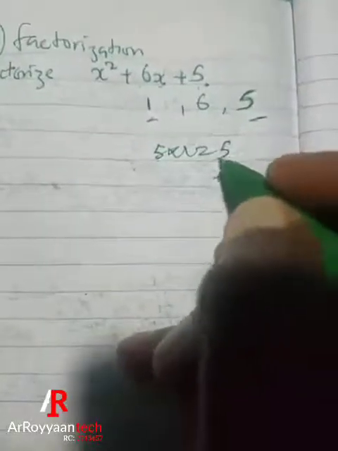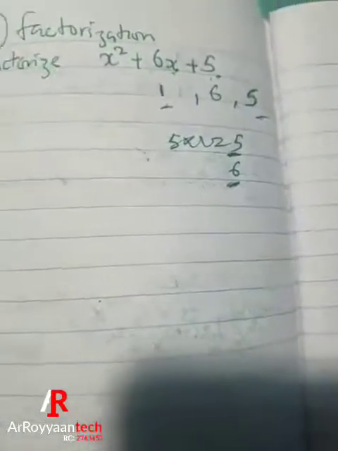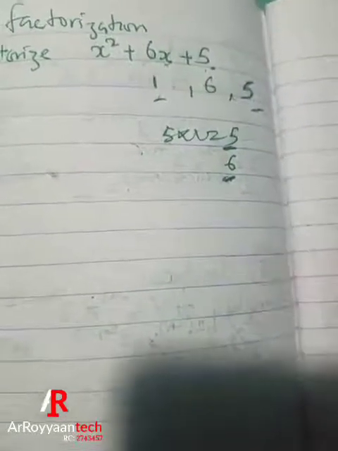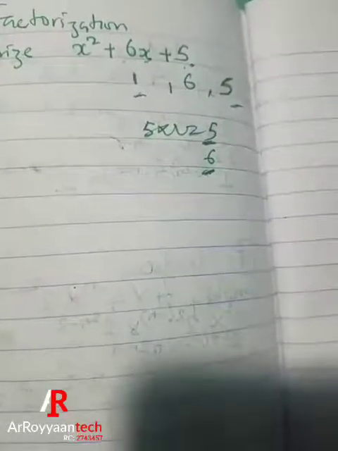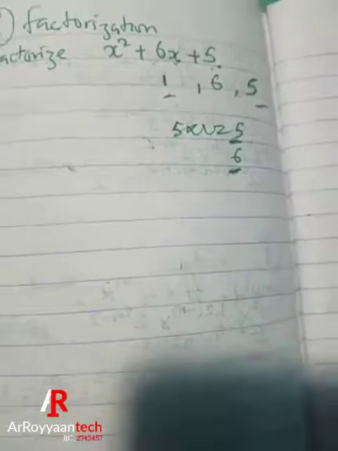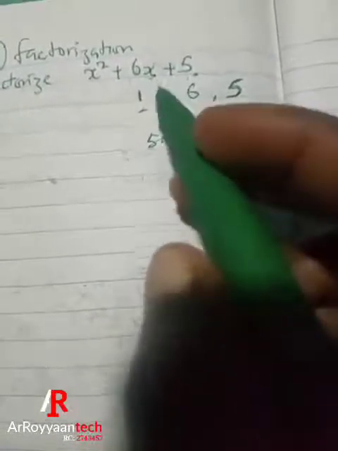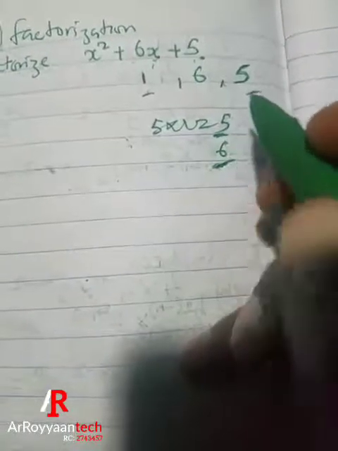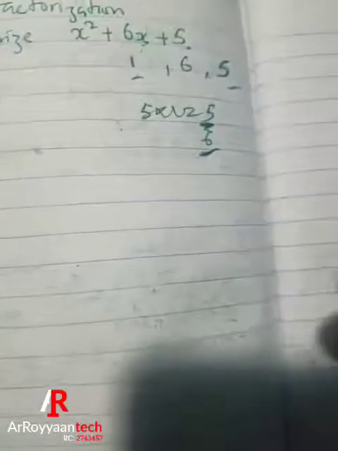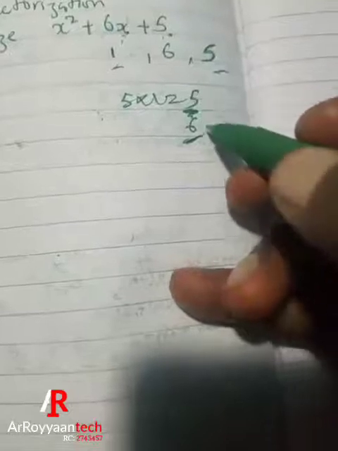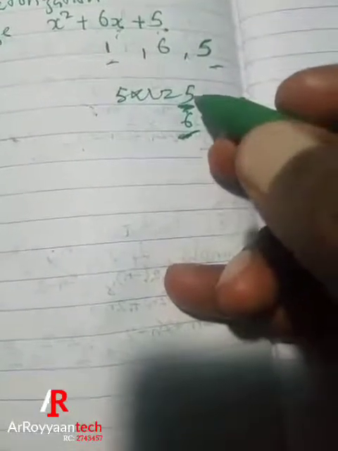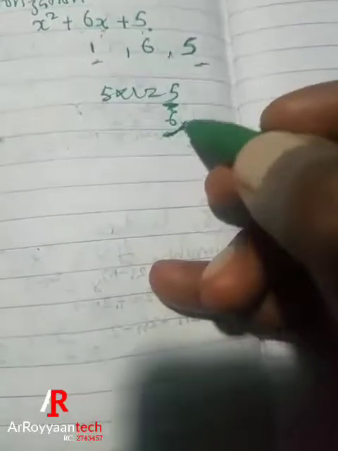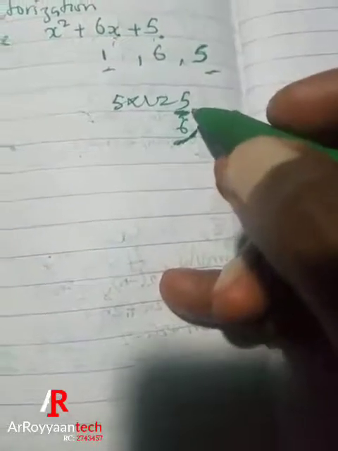So if we want to factorize this equation, firstly we need two numbers which, if we add them together, we get 6, that's the coefficient of x, and if we multiply them, we get 5.